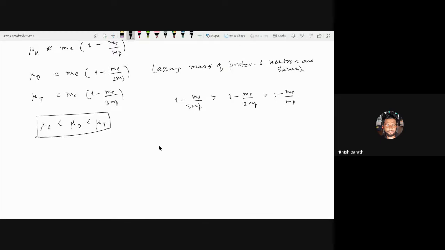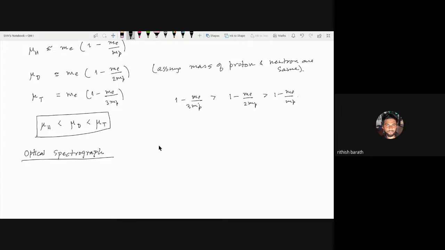The conclusion is that if you actually look at the optical spectrograph of these atoms, and these experiments have been done, in the optical spectrograph, suppose you take any particular spectral line.